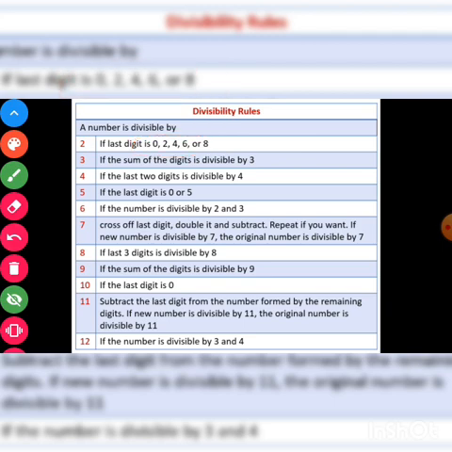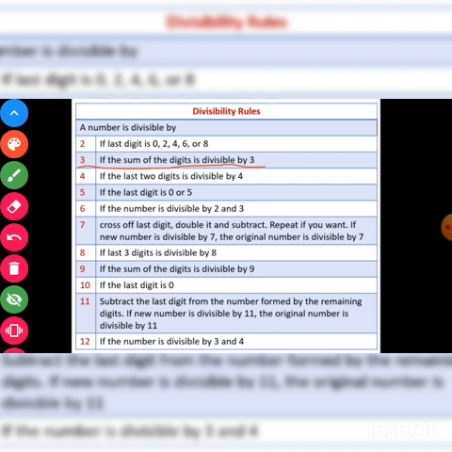Now the divisibility test of 3. For the divisibility test of 3, what we used to do? We used to find out the sum of the digits, and then we check whether the sum is divisible by 3 or not. If it is divisible, then we say that the number is divisible by 3.